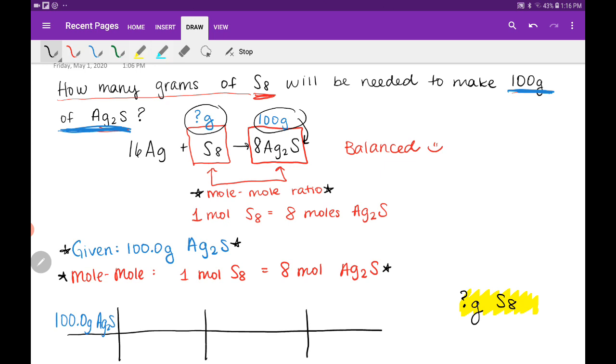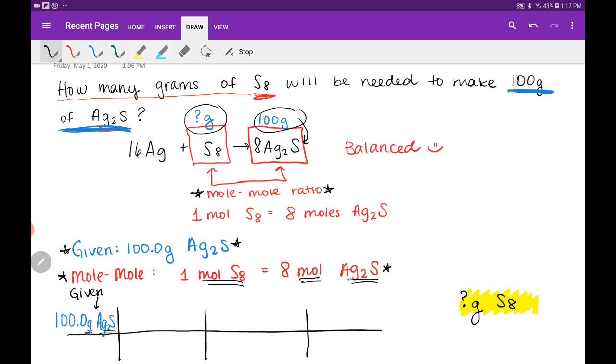Okay, so we were given grams. And the next thing we have to remember is that units only cancel if they are exactly identical in terms of the unit and the chemical from top to bottom. So we know that we have to use this mole-mole ratio, and the units there are moles.